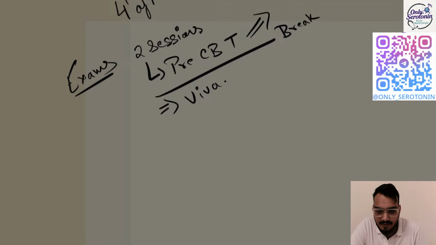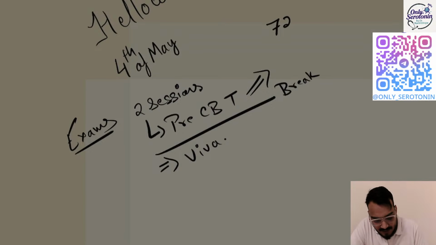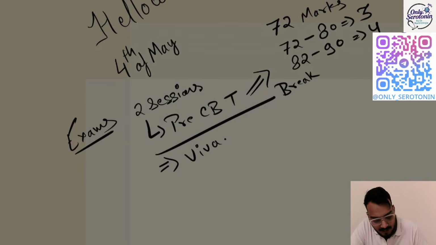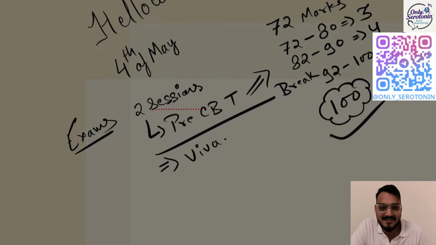You have to read the PDF and answer it. For passing, it will be around 72 marks. 72 to 80 will be 3 marks, 82 to 90 will be 4 marks, and 92 till 100 will be 5 marks. Those who get this are the luckiest ones, right?